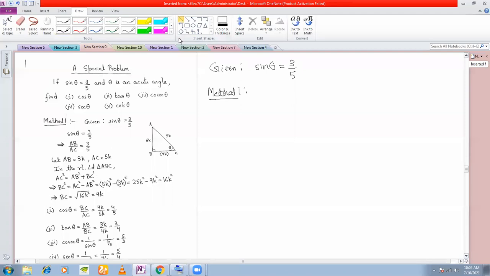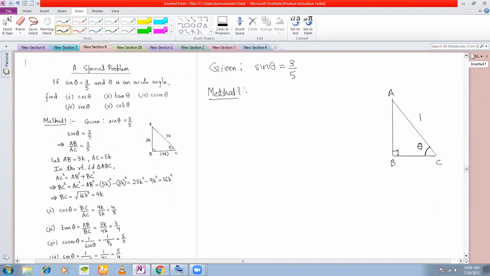In this method, you draw a right angle triangle. Take this angle as theta. You can take the other angle also as theta, no problem. Any one angle you can take theta, and at B you take 90 degrees.